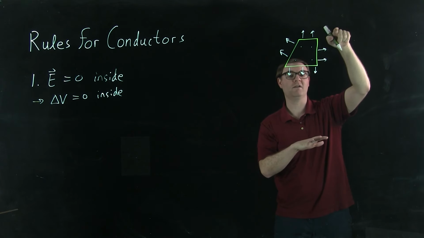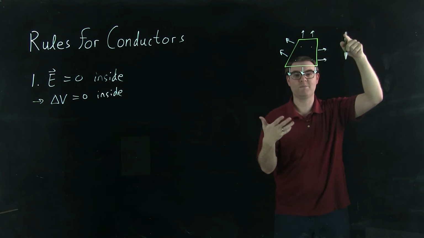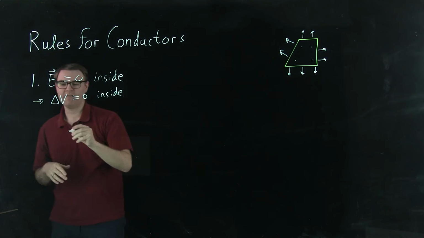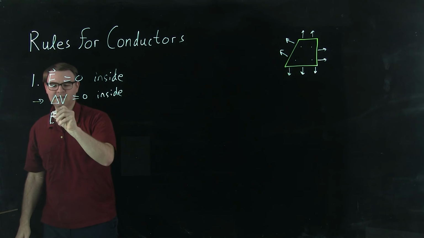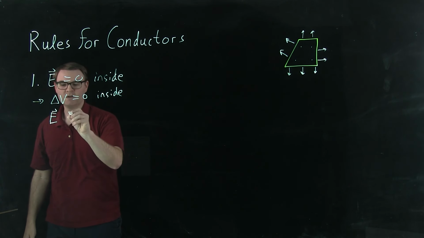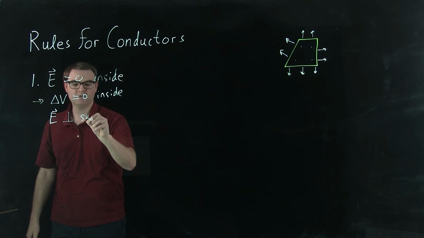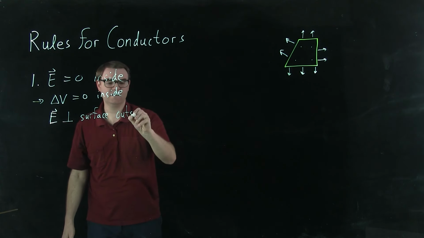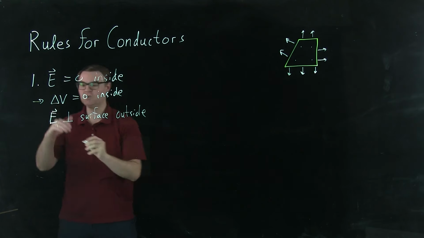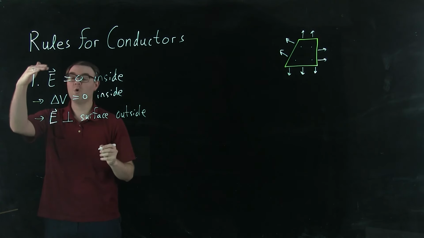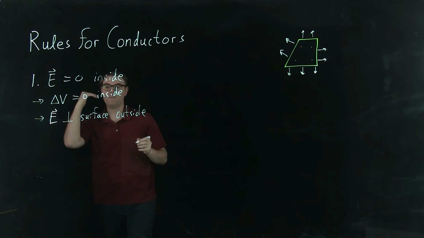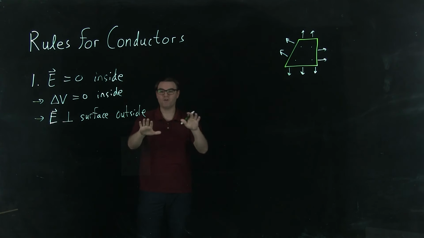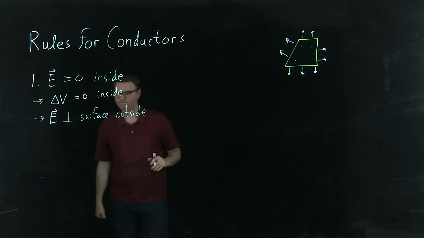If I go over here, there's no surface next to me to be perpendicular to, so this rule doesn't apply there. But now I know that the electric field is going to be perpendicular to the surface of the conductor, on the outside of the conductor. And these two rules follow directly from what we already said is true about the electric field being zero everywhere inside the piece of metal.